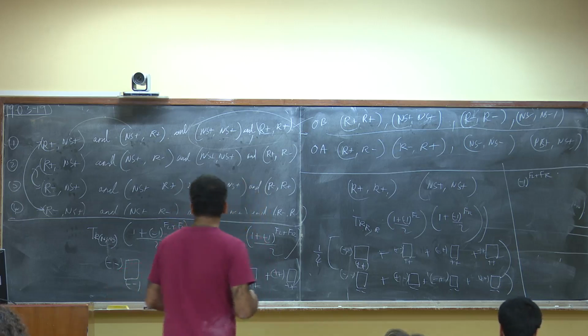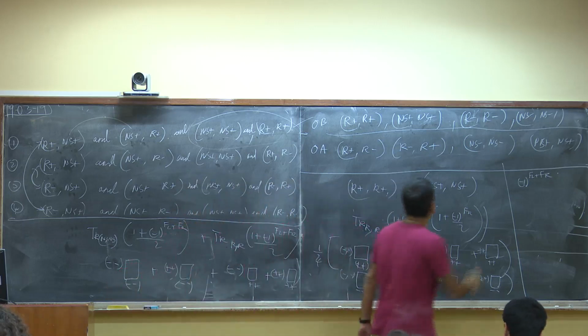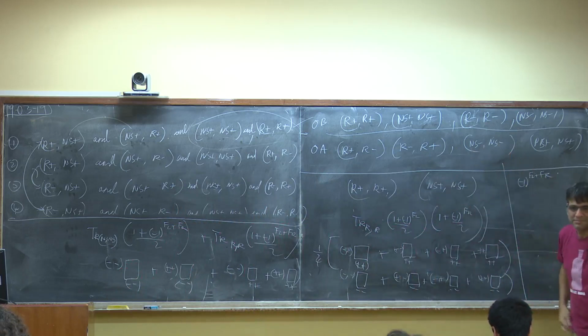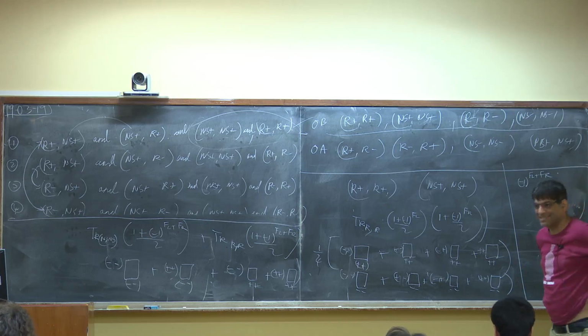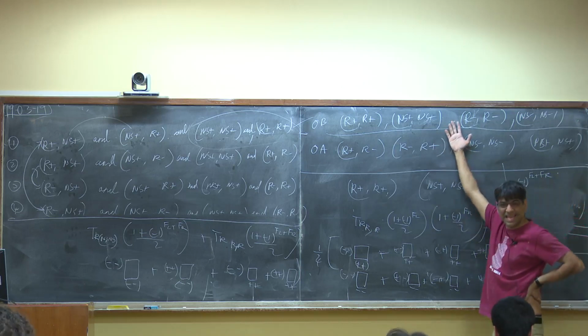Much worse, they contain the NS minus sector. Now, why is that bad? The NS minus sector in the matter includes the identity operator, and therefore it has a tachyon. So these theories are tachyonic.